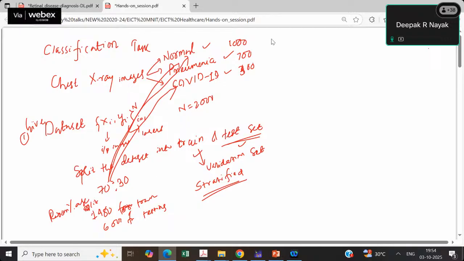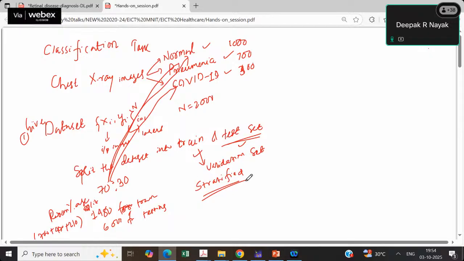So here I will take 700 samples from the first class. That means out of this 1,400, 700 should come from the first class, plus probably 490 from the second class, and 210 from the third class. Now this will form the train set, right?